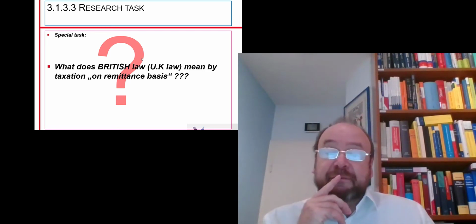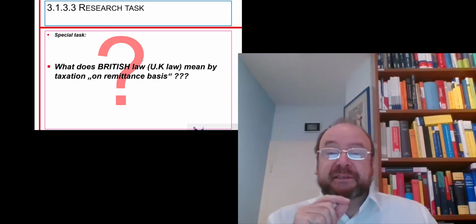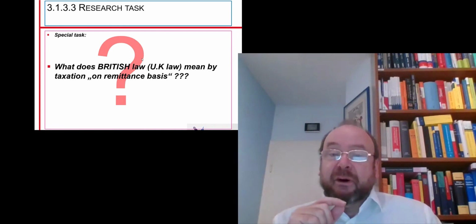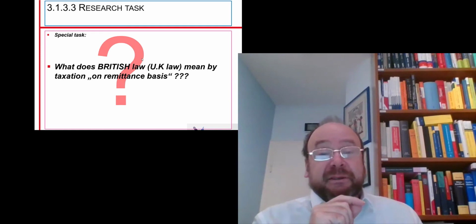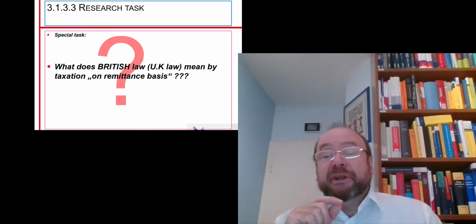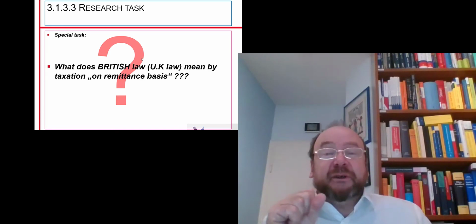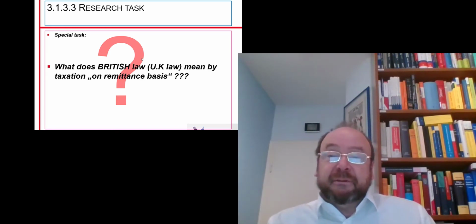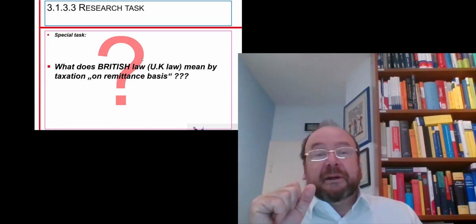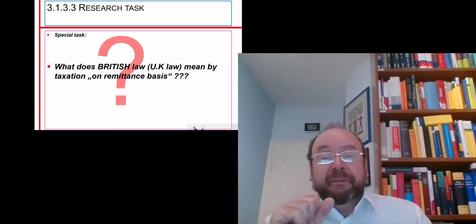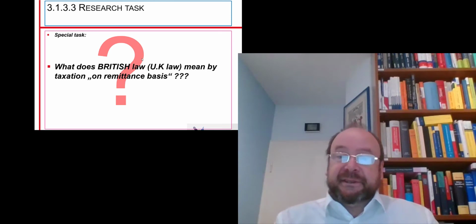Sometimes you have compromises. For example, at least in former times, the UK law knew a worldwide tax liability, but only on the so-called remittance basis. So a part of your worldwide income was ignored as long as you didn't transfer it home. These are rather historical exceptions.